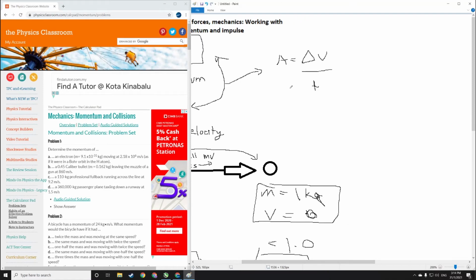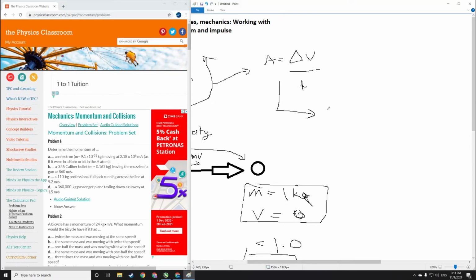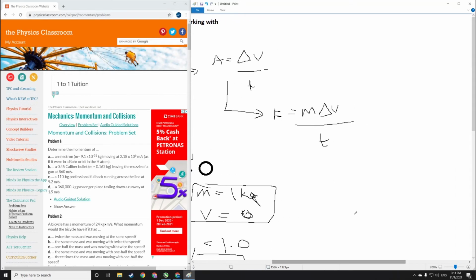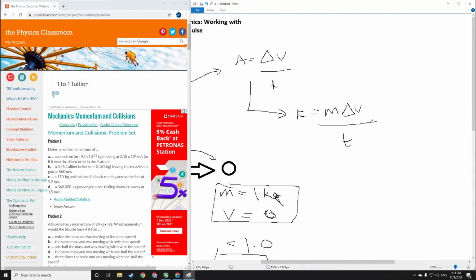So now if we know that, we can essentially rearrange this formula so that we get F equals m, and then we substitute a for delta v over t. And what do we have here? That is very significant, because as you've noticed, this is momentum and this is m delta v.